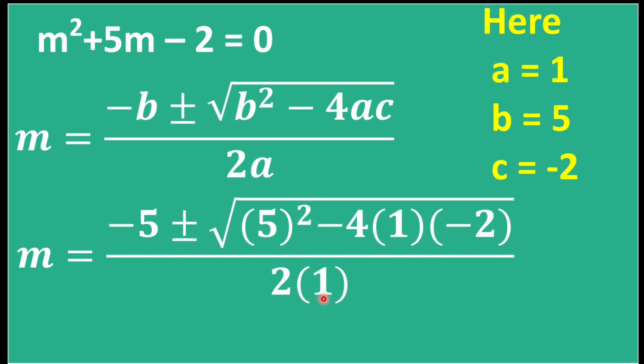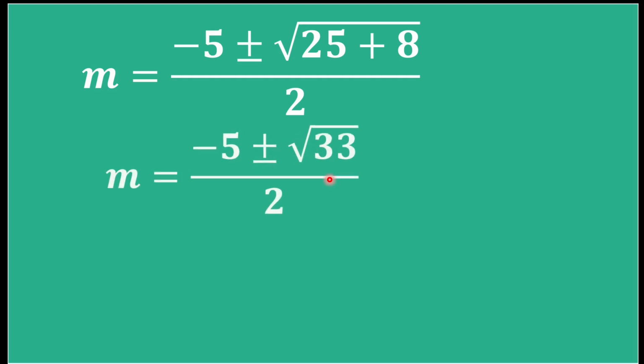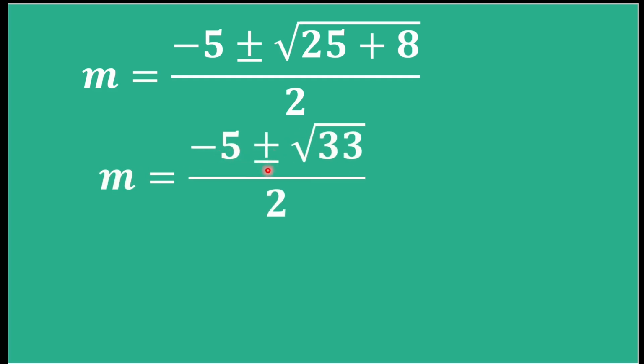In the next step this will become 25, and this will become plus 8, because minus times minus equal to plus, and 4 times 2 equal to 8. So overall 25 plus 8, divided by 2, and 25 plus 8 equals 33. So overall the equation will become minus 5 plus minus square root of 33 divided by 2.